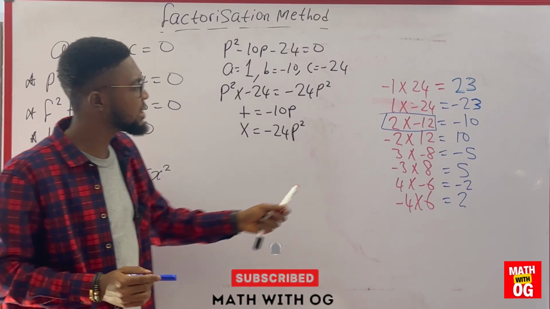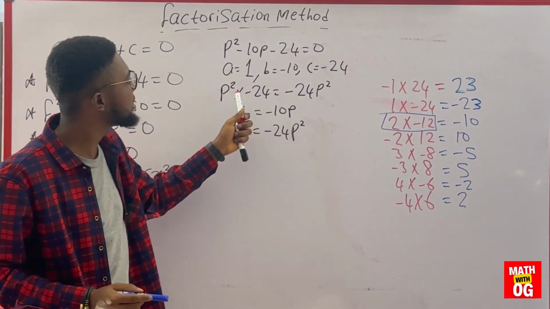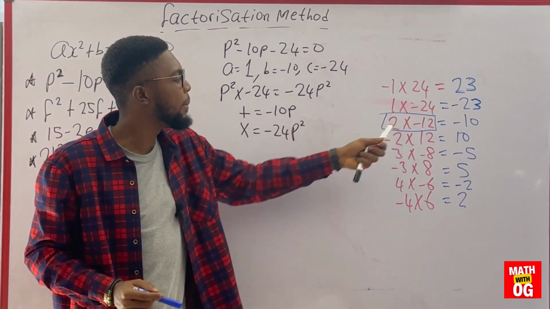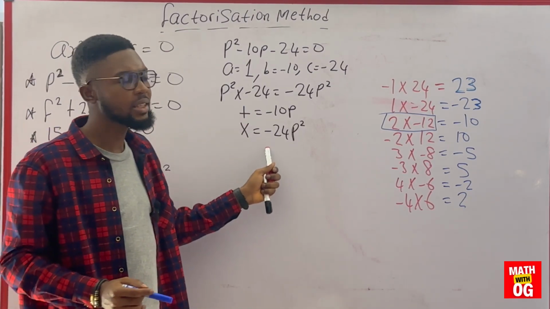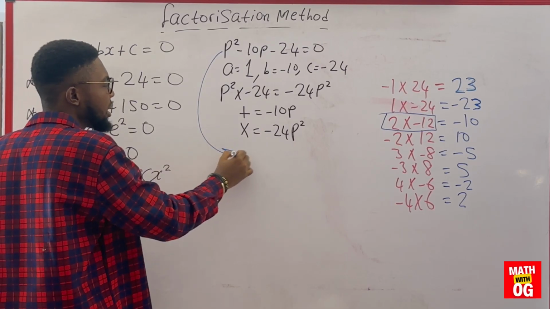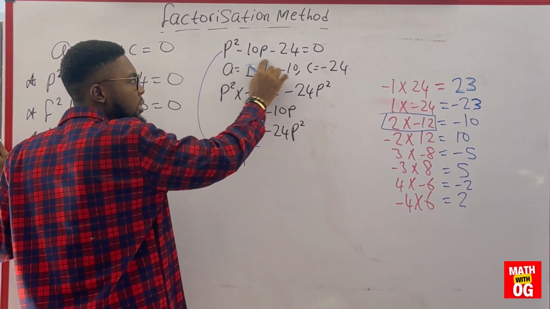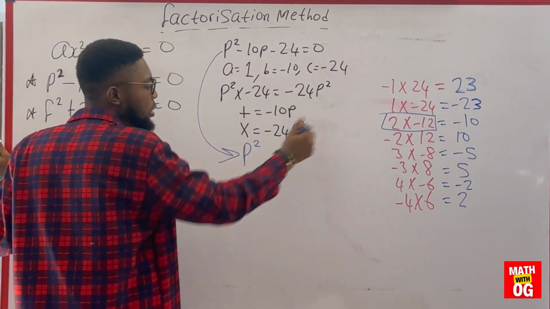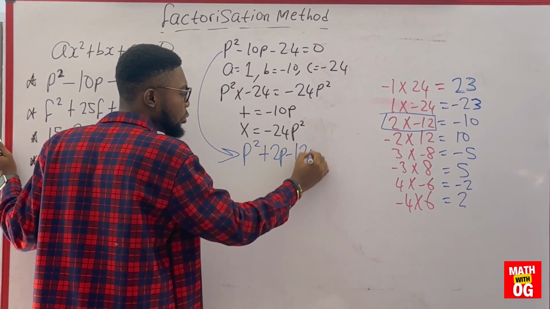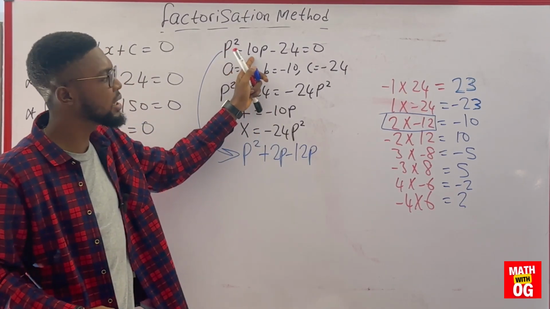That simply means that if I add up 2p and minus 12p, I will get negative 10p. Also, if I multiply 2p by minus 12p, I will get negative 24p squared. So I will bring out p squared, and in place of negative 10p, I'm changing it to a positive 2p minus 12p. You can see that 2p minus 12p will give me negative 10p.